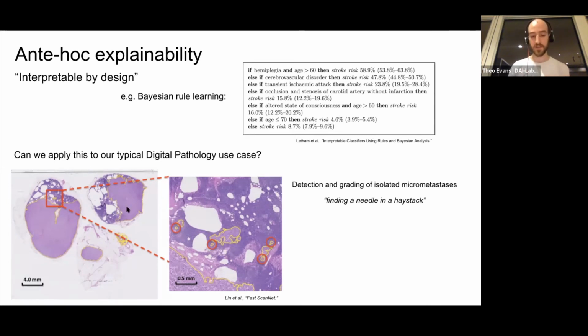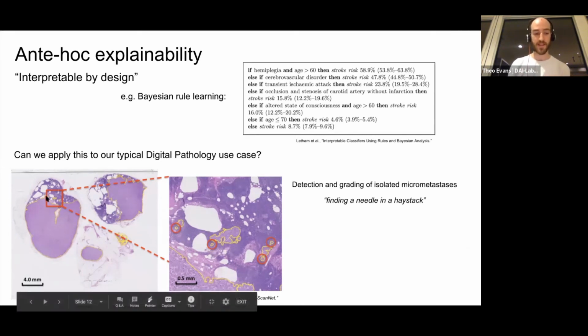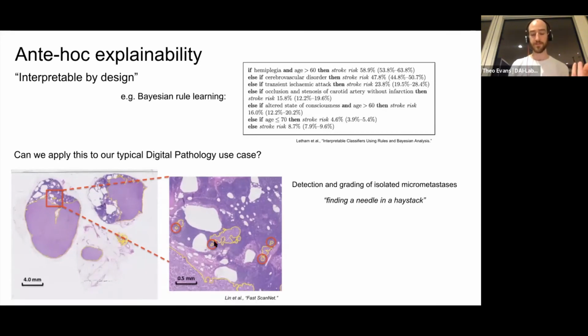And the task of a pathologist in this case is to find and grade these tiny areas of this huge image. So this is a classic, a poster child for AI in digital pathology.